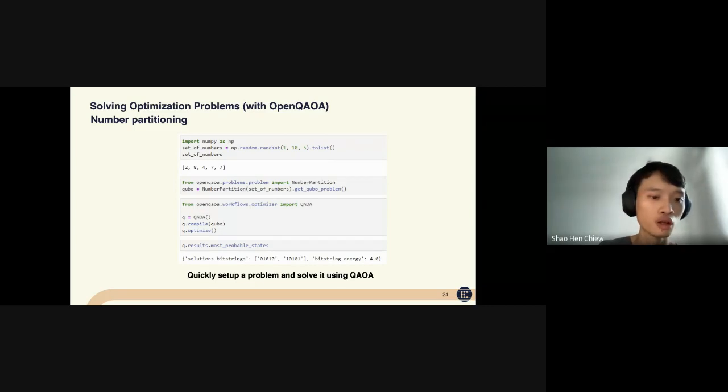Of course, there are a lot of parameters that are hidden here. But in principle, all you need to do is specify these hyperparameters, and OpenQAOA would do the actual circuit construction and handle all of the issues from before for you. And once you have the circuit, all you need to do is say optimize, and the optimization happens. Finally, in the last cell, what you do here is obtain the most probable states in your final quantum state.